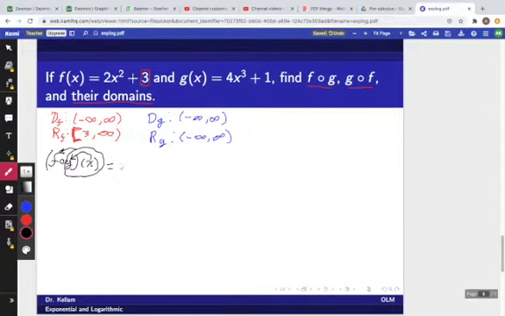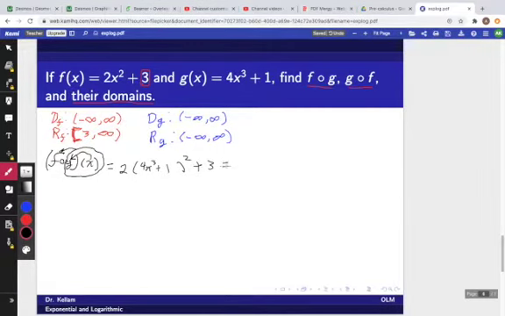So essentially we're taking f, which is 2x squared plus 3, and we're putting g in place of the x in f. So this would be 4x cubed plus 1. Now let's carry this out and simplify it down.